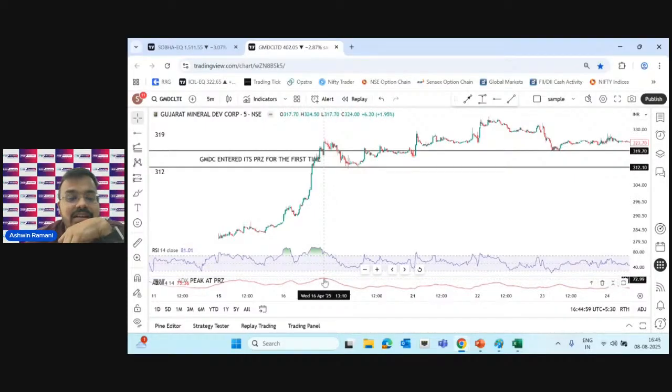On a 5 minutes chart, this was the peak point for GMDC, around 72, 73. After this, ADX cooled off. Even before this, ADX was low. So not only about 25, Champa ji, Dinesh ji, can you see ADX peaking out here? When RSI peaked out around 90, at the same time ADX also peaked out. These two are an indication that GMDC has now come into an overbought territory. A potential reversal can come.